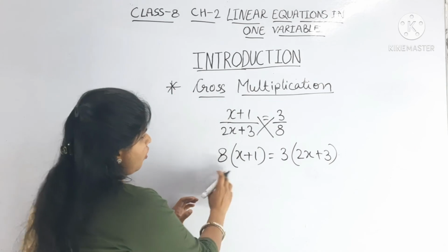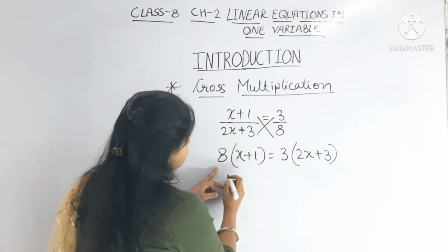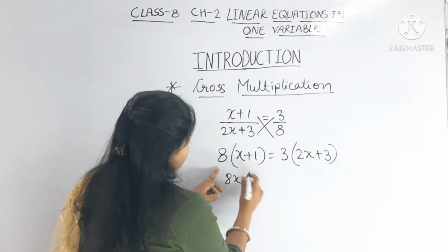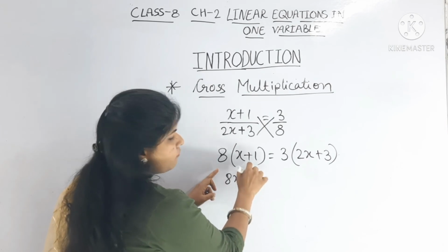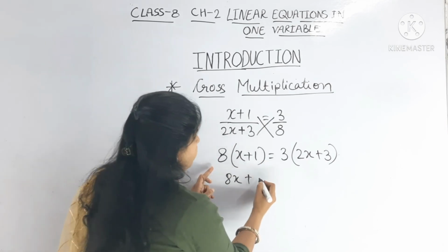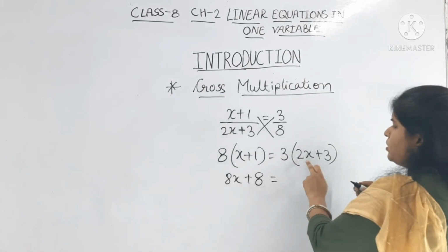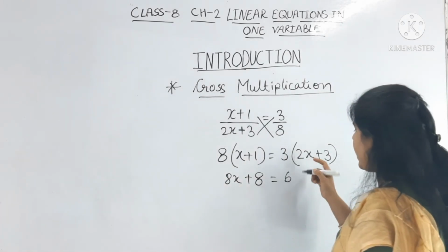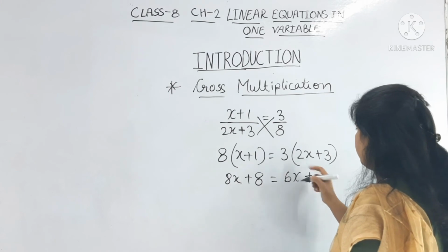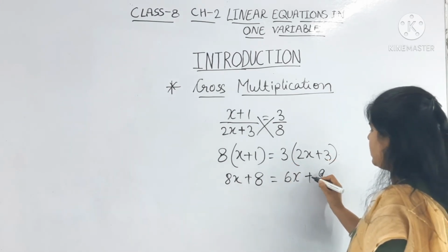So let's solve. 8 into x will be 8x plus, then 8 into 1 will be 8. Here you can write 3 2s are 6 and x will be here, plus 3 3s are 9.